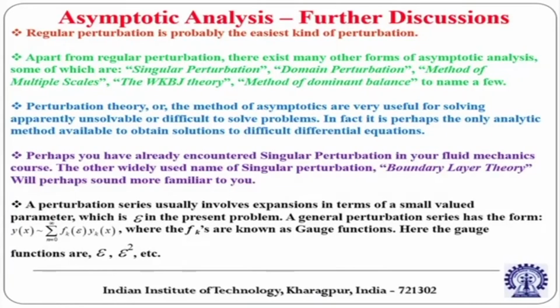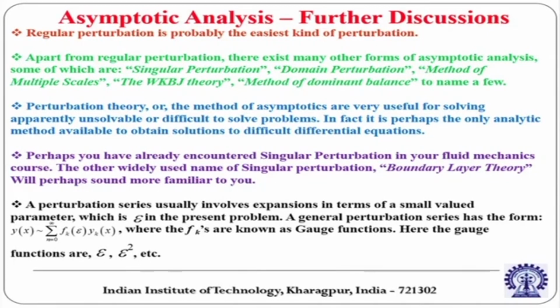So, let us look into the summary. Perhaps you have already encountered singular perturbation in your fluid mechanics course. The other widely used name of singular perturbation, boundary layer theory, will perhaps sound more familiar to you, but singular perturbation is a general mathematical treatment and boundary layer theory is a special case of application of that.